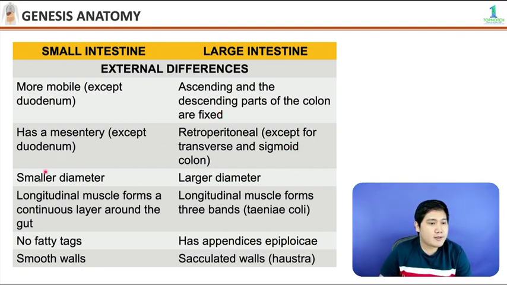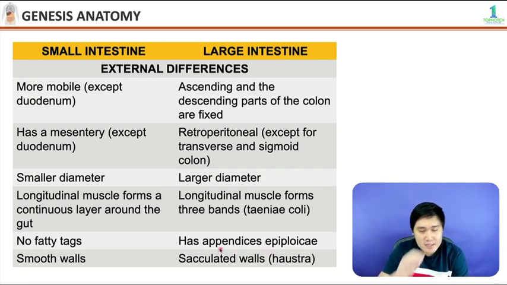The small intestine has a smaller diameter, while your large intestine has a larger diameter. In your large intestine, we can appreciate the longitudinal muscle that forms three bands known as the teniae coli. It is only appreciated in the large intestine. Your large intestine also has fatty tags named the appendices epiploicae.